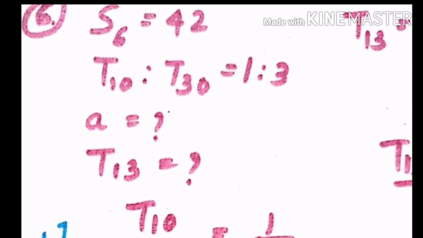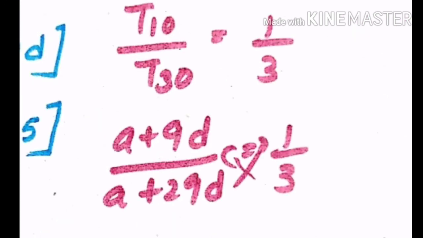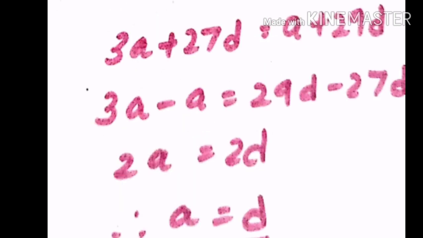Okay, so let us start with the ratio we are given first. We will solve using the ratio first. So T10 to T30 is equal to 1/3. The formula of T10 is A plus 9D and T30 is A plus 29D, so (A plus 9D)/(A plus 29D) is equal to 1/3. Now taking cross multiplication, we get 3A plus 27D is equal to A plus 29D.